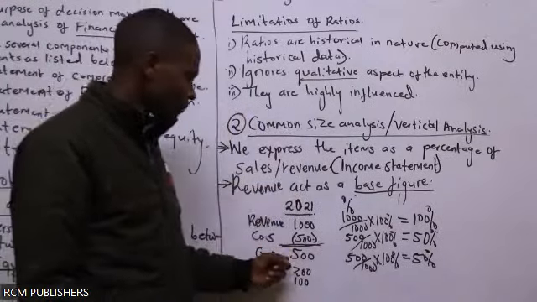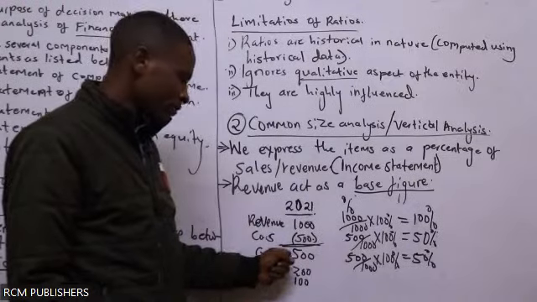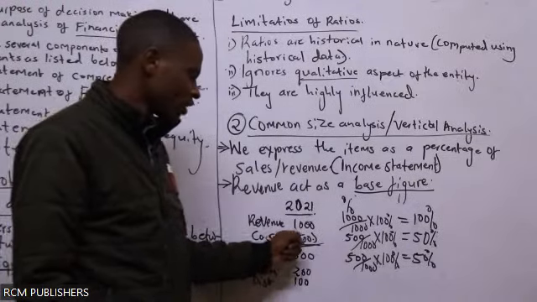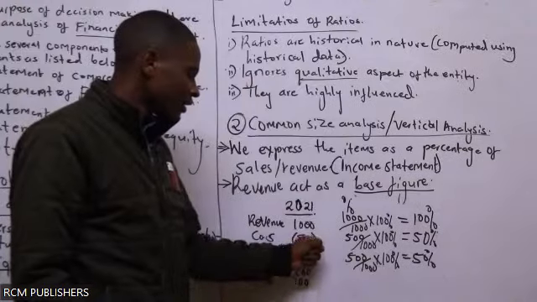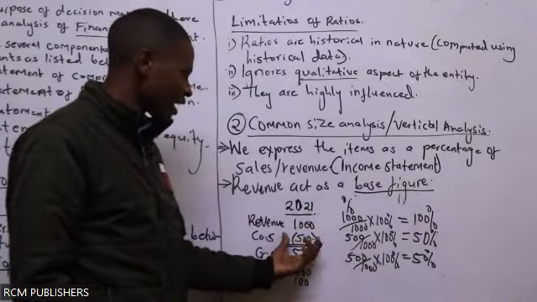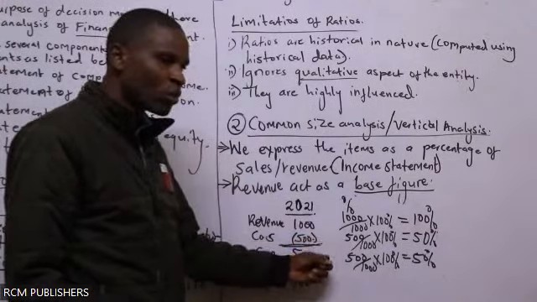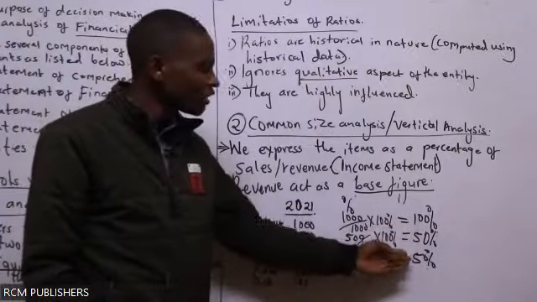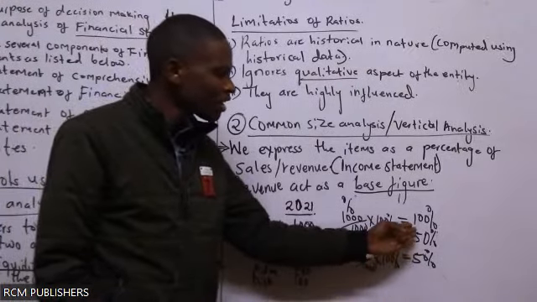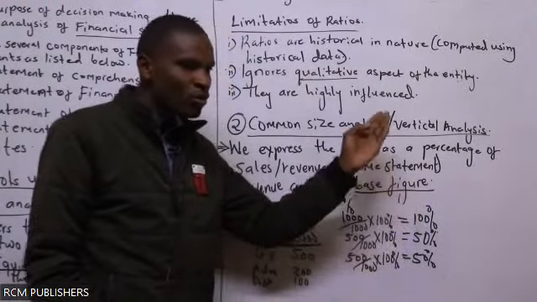Our gross profit is 500. Our cost of sale is 500. You can see our cost of sale amount was equal to the gross profit, 50% each. When you add 50% plus 50%, we get what? Our revenue, which is 100%.